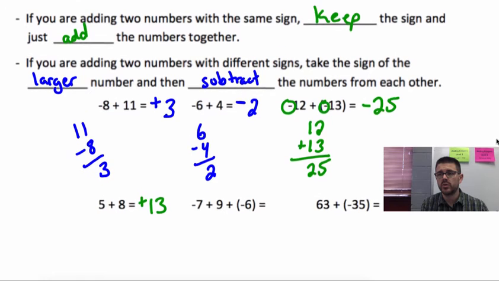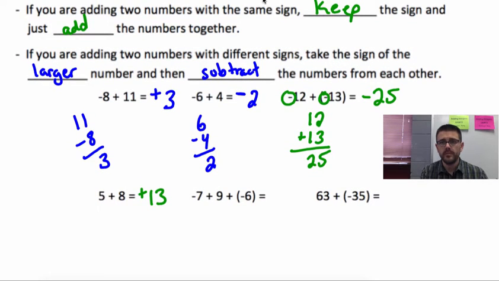So as I scroll down here a little bit, when you have a larger problem like this, tackle it one at a time. So let's do -7 plus 9. They have different signs, so we're going to subtract them. 9 minus 7 is 2. Take the sign of the larger number. 9 is bigger than -7, so it's going to be a +2.